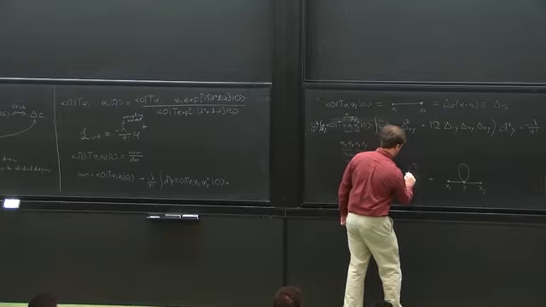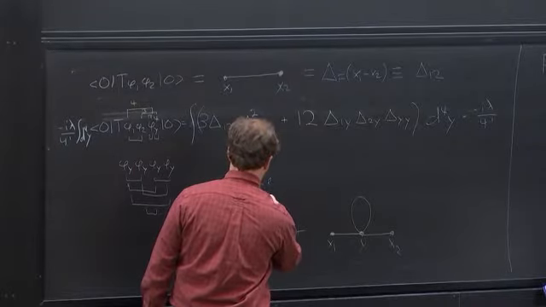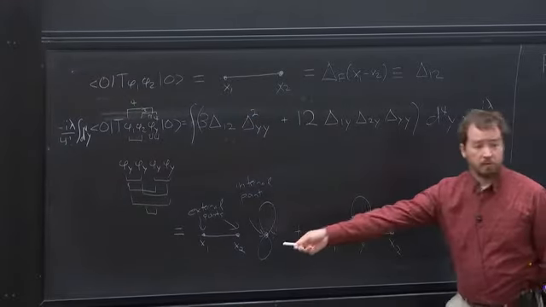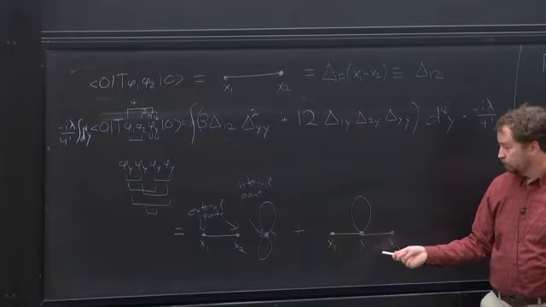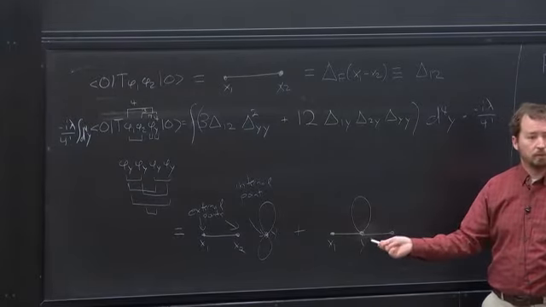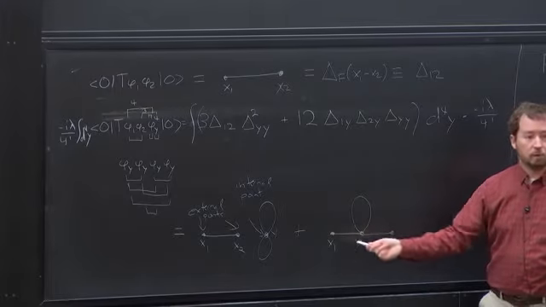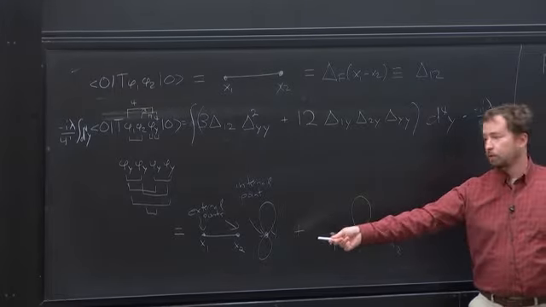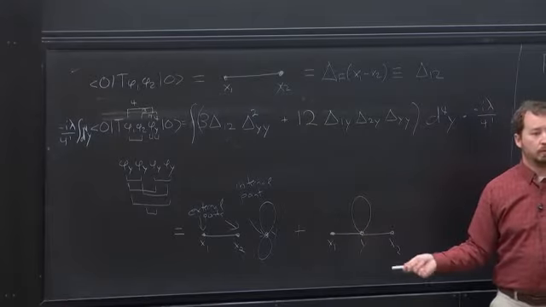An internal point. And note that these are the only 2 diagrams I could draw with 2 external points and 1 internal point. If I want to draw other diagrams that have 2 external points and more internal points, I need more vertices, more internal points.